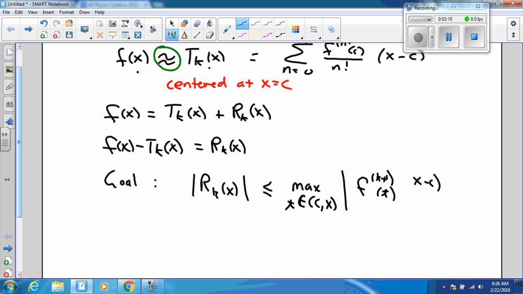And we're going to multiply it by the factor (x minus c) to the k plus 1 and divide it by k plus 1 factorial. This is going to be our error bound, and it's commonly called the Lagrange form of the error bound.